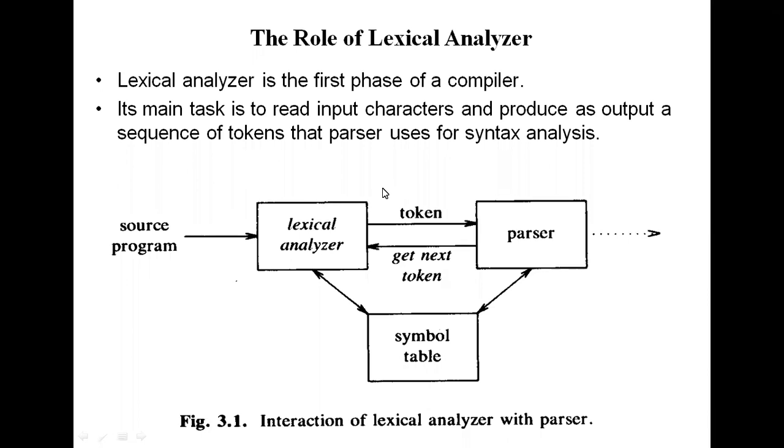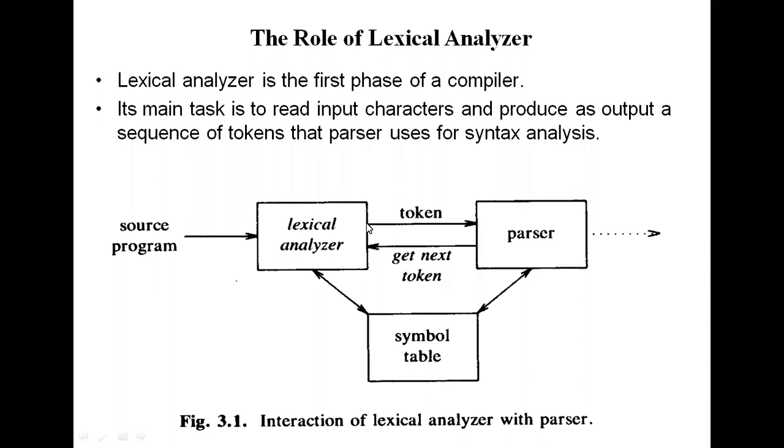So I'm separating those identifiers by giving them sequence numbers. ID1 is equal to ID2 plus ID3 into 60. That is the output that we are going to generate by performing this lexical analyzer.